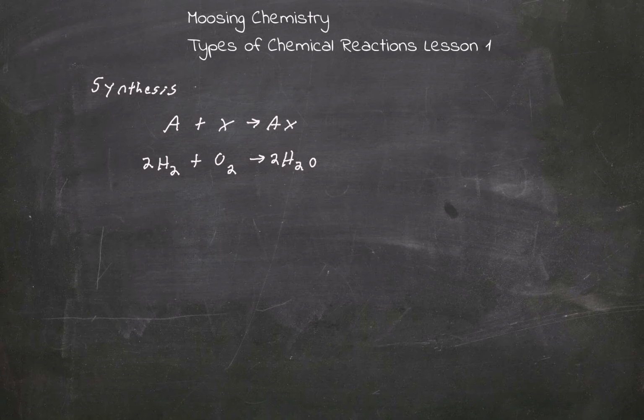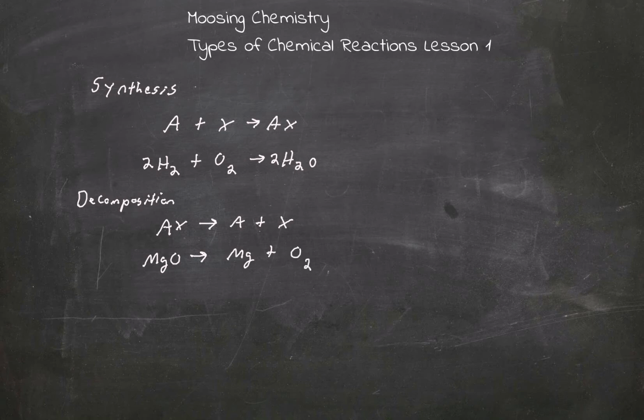So the next one is called a decomposition. A decomposition reaction is where you have a compound, say AX, that breaks apart into A plus X. An example of this would be, let's say, magnesium oxide decomposes into magnesium plus oxygen.